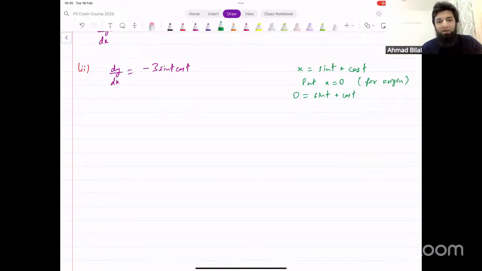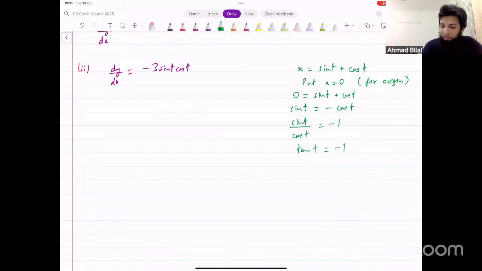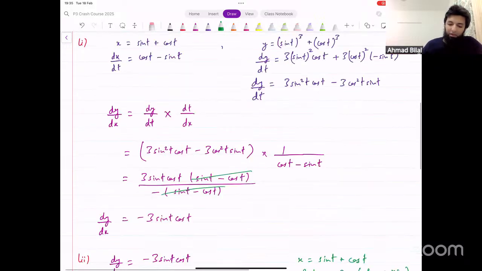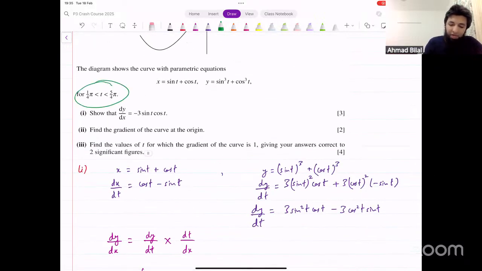How do we find the value of t from this? We can convert it to tan, right? If we take cos to the other side, it becomes sine t equals minus cos t, and then sine t over cos t equals minus 1, which means tan of t is equal to minus 1. Now the interval is from pi over 4 to 5 pi over 4.